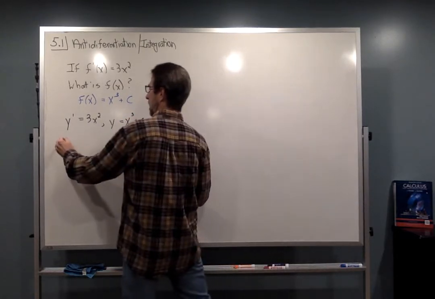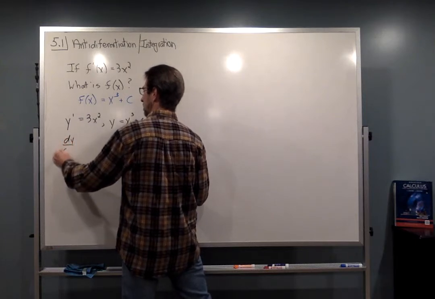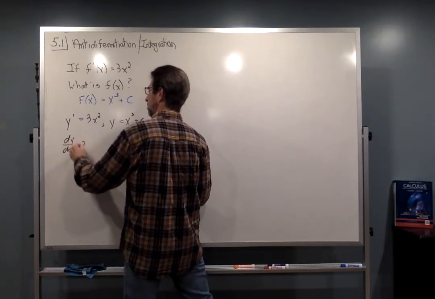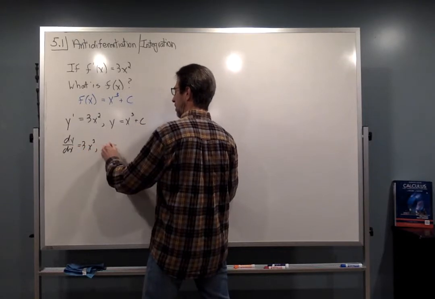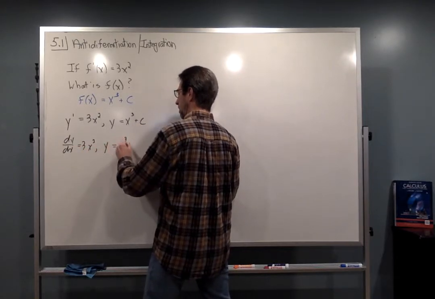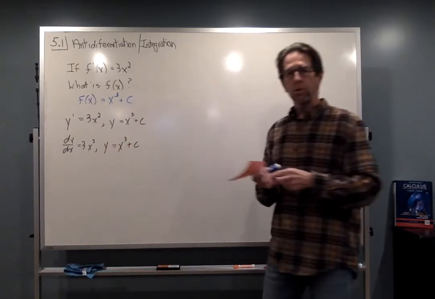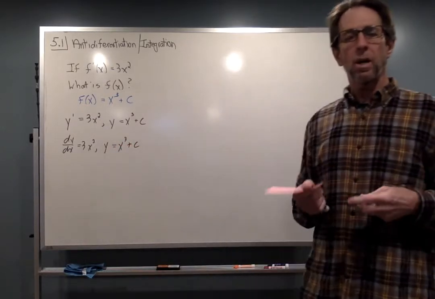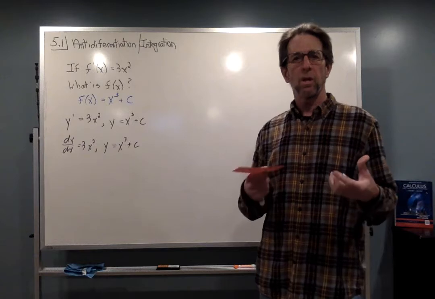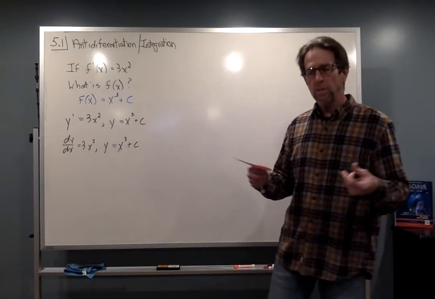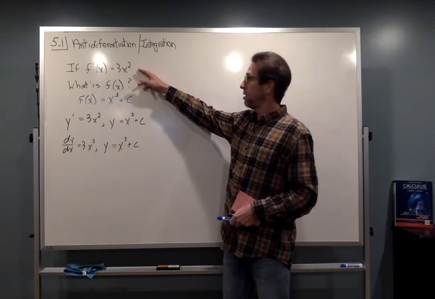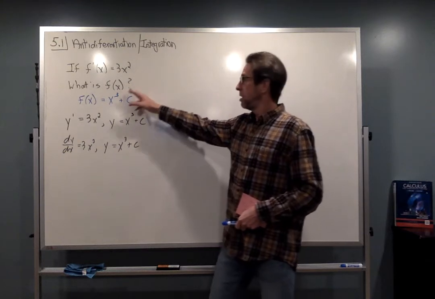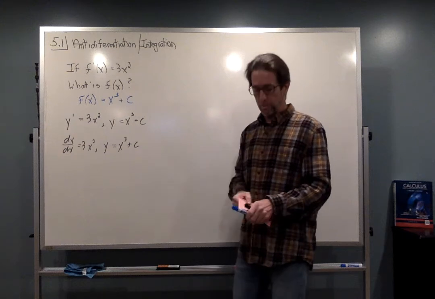I could say that dy dx equals 3x squared, and then of course y is still x cubed plus c. So just like with differentiation, where we could ask you to perform differentiation in a variety of ways, that's going to happen here in anti-differentiation. I could give you the derivative and ask you what the original function is in a variety of situations.